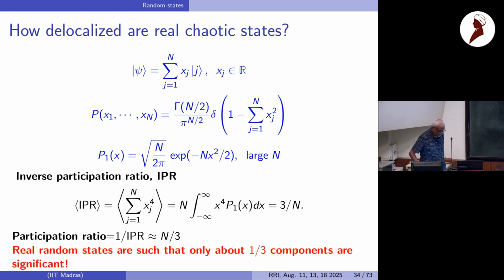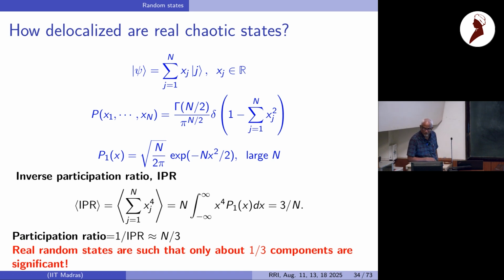Good question. We want something whose inverse will tell you roughly how much of the state is localized. I can give you a very rough analogy. Let's take a state which is everywhere delocalized. You will get 1 by root n as this xj, right?